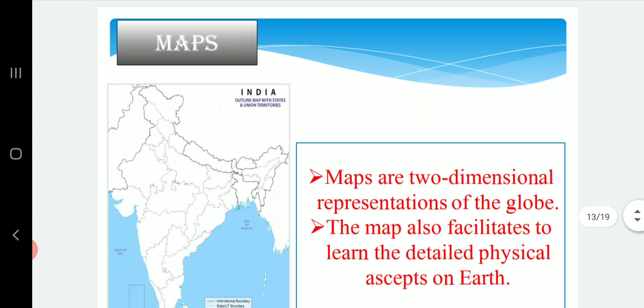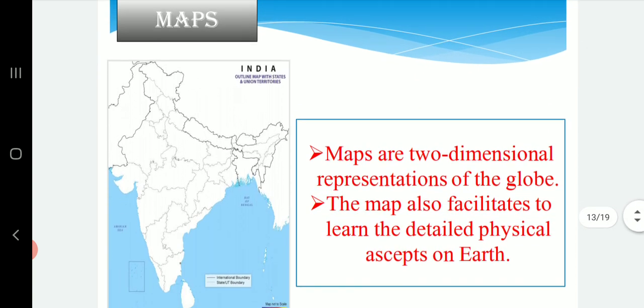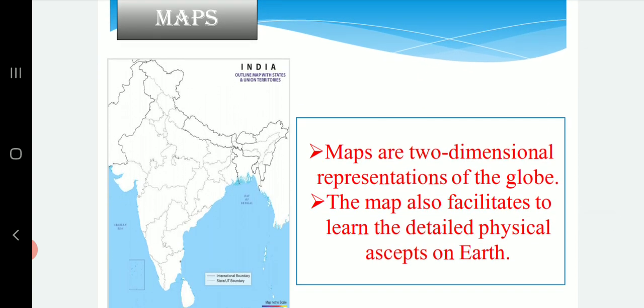Okay, now the next topic is map. By seeing this picture, tell me, is this object 2 dimension or 3 dimension? It is 2 dimension, right? The map also helps us learn detailed knowledge of physical aspects of the earth.